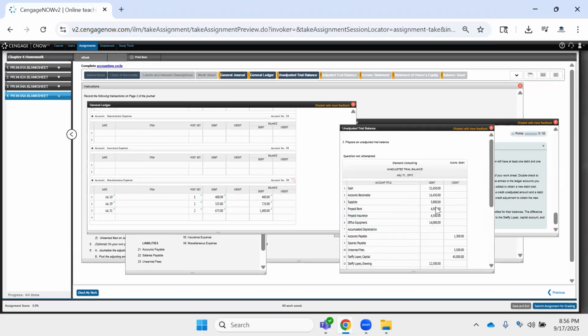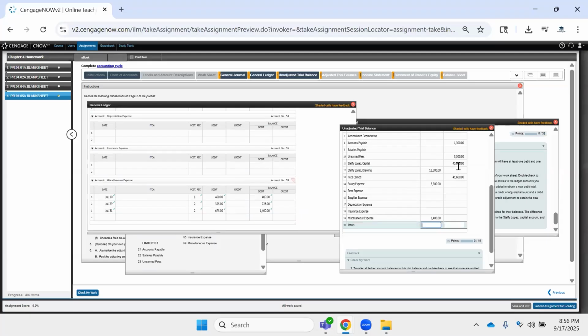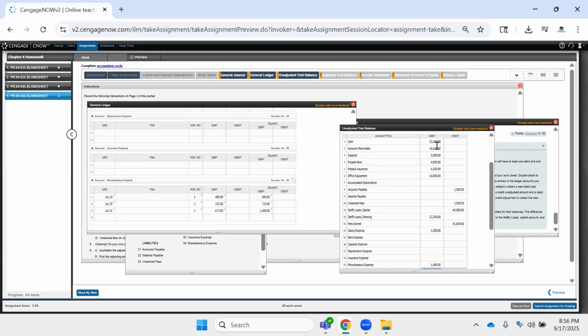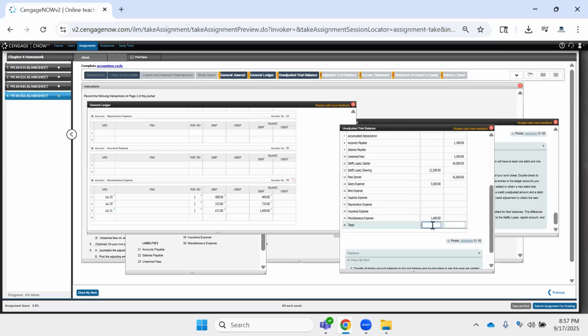And then we have to total up all of our amounts. And so if we total up all these amounts, we get a total of 93,400. And then the other side also equals 93,400.